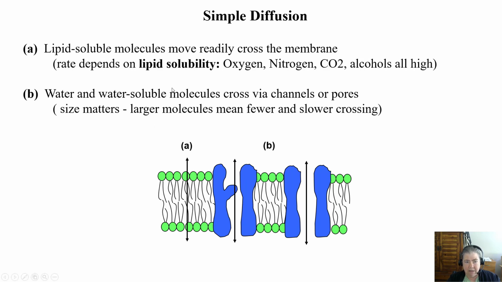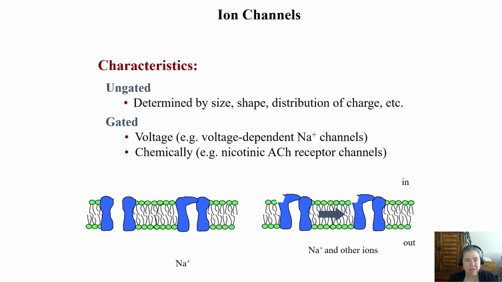But water and water soluble molecules that are hydrophilic cross through channels or pores, and larger molecules tend to move more slowly. So here we have our various things moving across those channels.